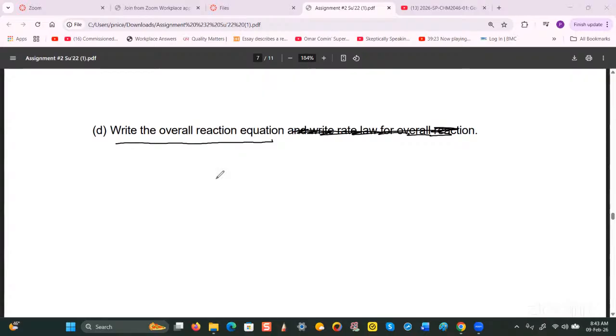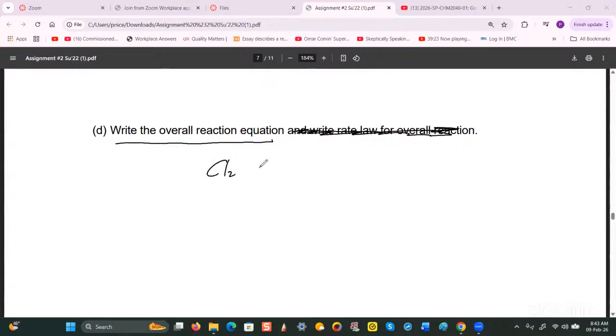Something I should have mentioned earlier is that if the mechanism is to be seen as legitimate, then when you add up all the steps in that mechanism, you should get the overall reaction, or the overall equation. So we're going to do that in this case.